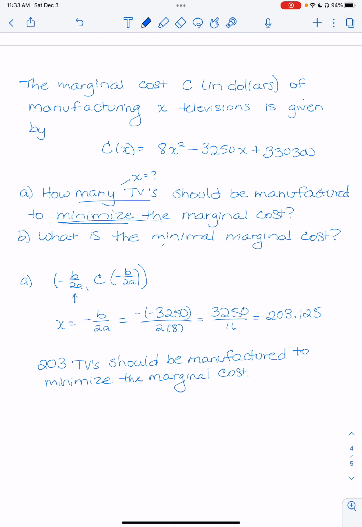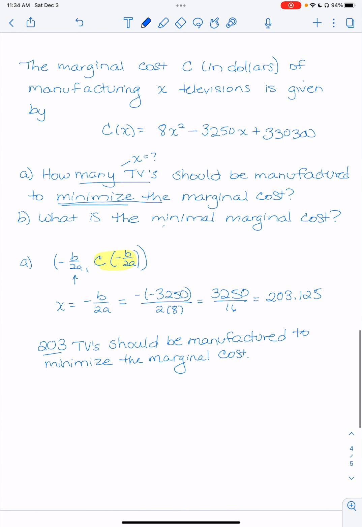The second part is what is the minimal marginal cost? So in this case, I want to know what is the cost then when I'm at my minimum. So I'm going to use my 203 TVs because I can't make part of a TV.